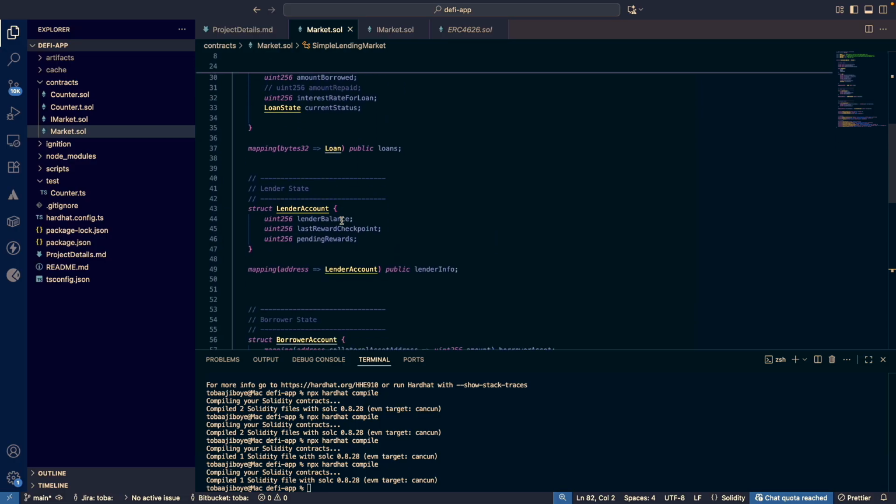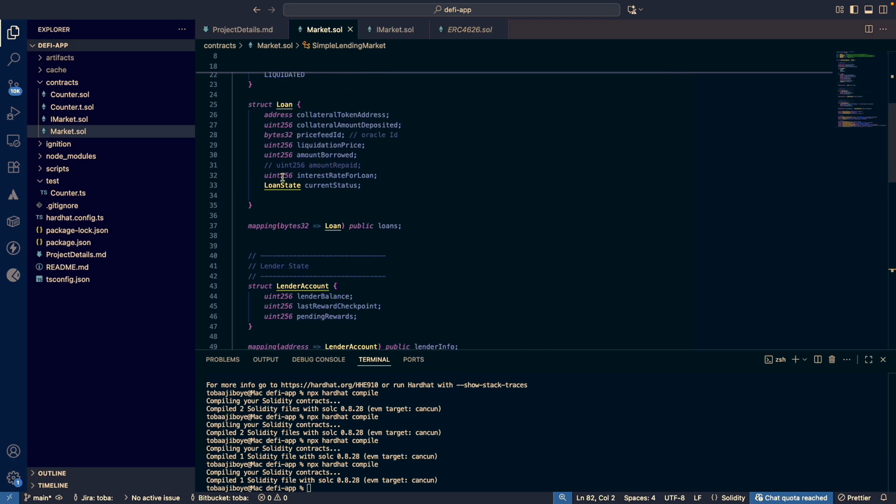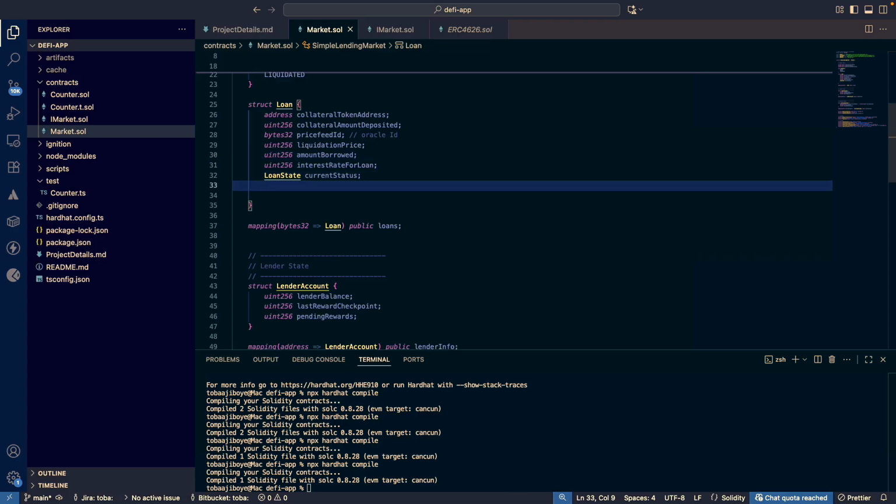So we have this lender accounts, pending rewards. I think I have to store the accrual balance actually, but we'll confirm that anyway. This is messy. I don't like messy. Move it to the bottom.